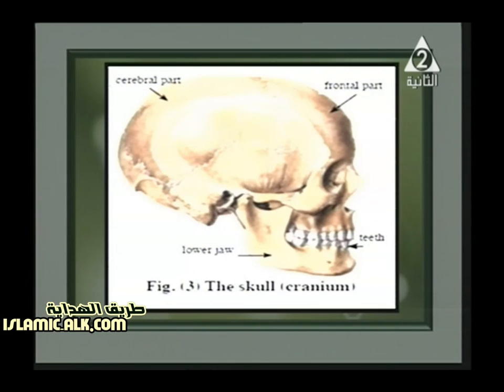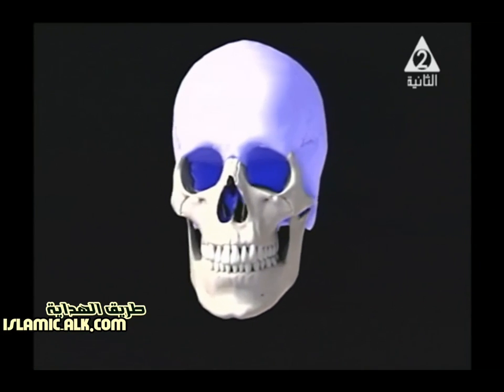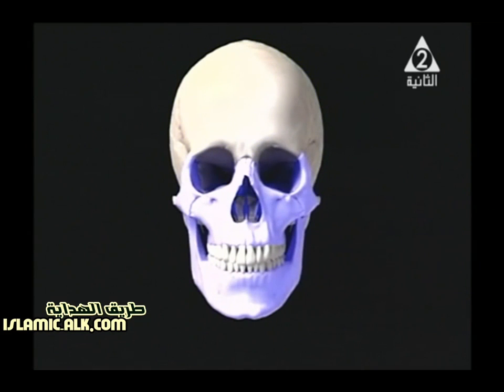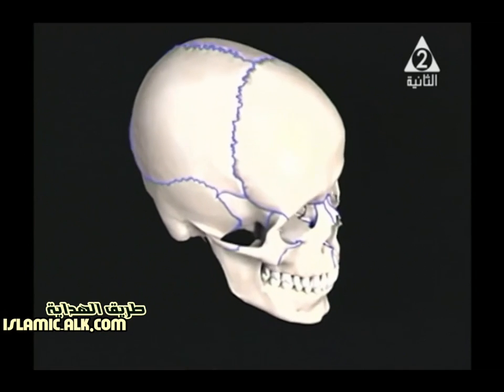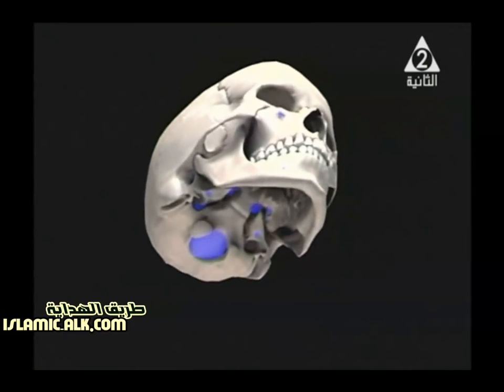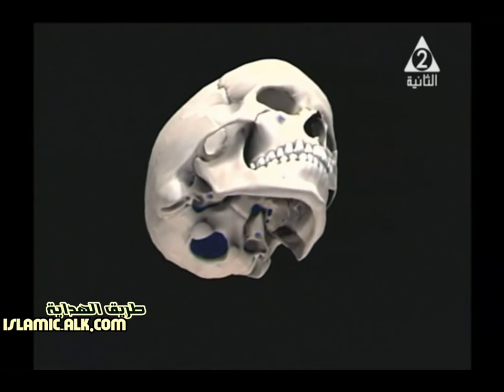Okay, let's show that. As we said, the skull consists of 2 main parts, the cranium and the facial part. The cranium or posterior part includes 8 serrated bones. They are attached firmly together, and what you are seeing right now, those are serrated bones. And also don't forget that the cranium contains, what?